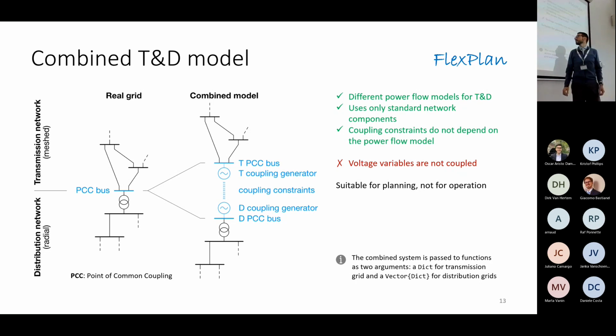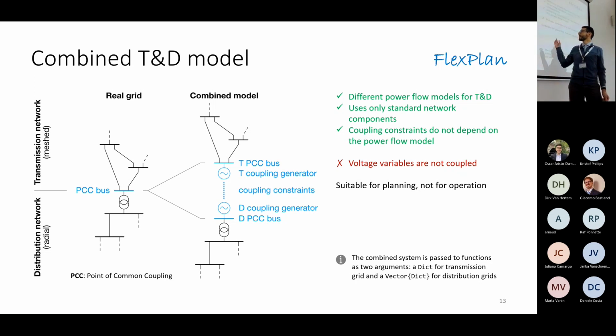In the case only reactive power is supported by distribution network, a pair of bounds can be set. So this allows to choose different power flow models for transmission and distribution.